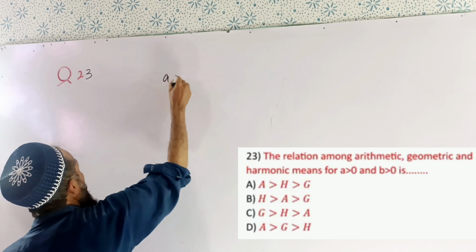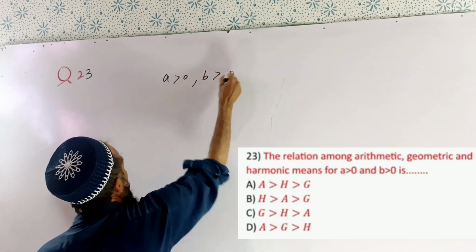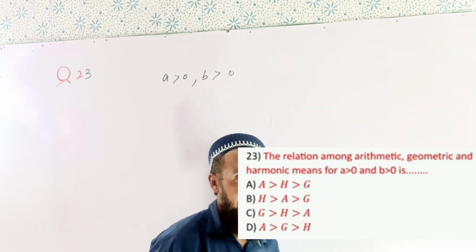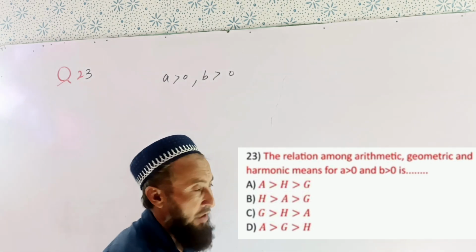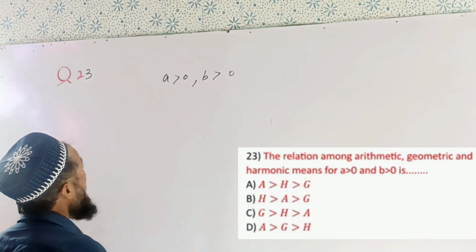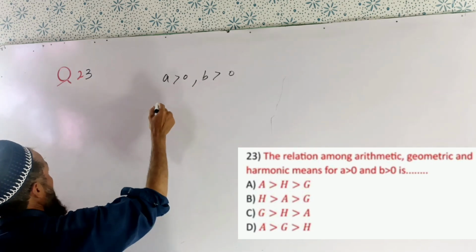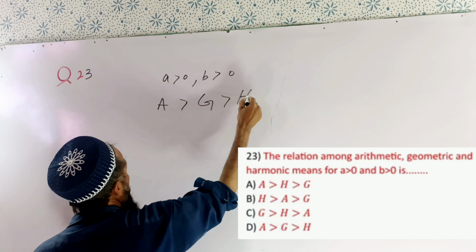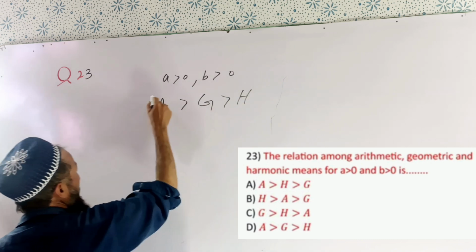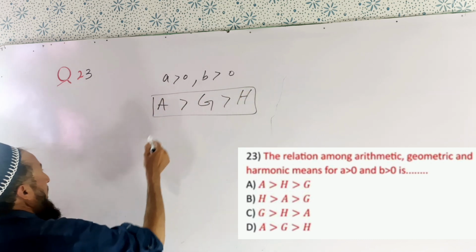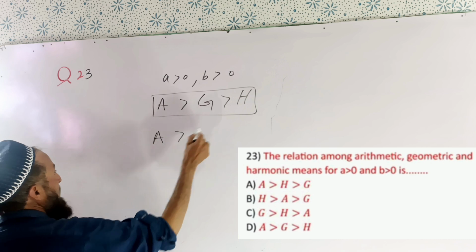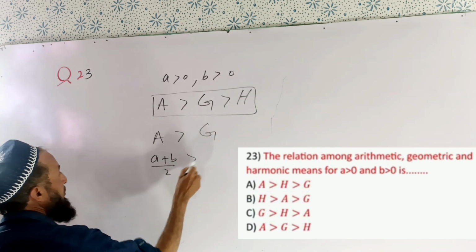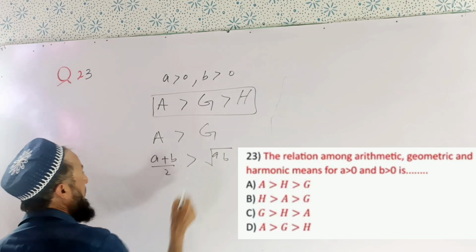The relationship, given A is greater than 0 and B is greater than 0, we have already discussed in the arithmetic, geometric, harmonic chapter. The relationship must be arithmetic mean is greater than geometric mean is greater than harmonic mean; that is the property. To check arithmetic mean greater than geometric mean: arithmetic mean is A plus B divided by 2, geometric mean is root AB.